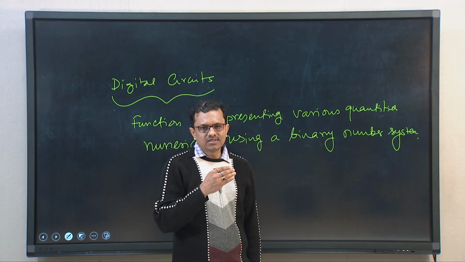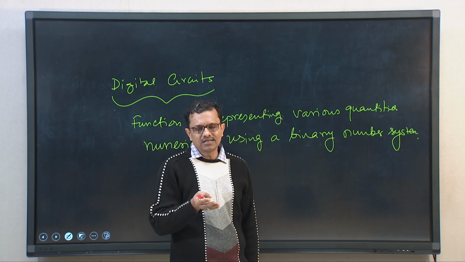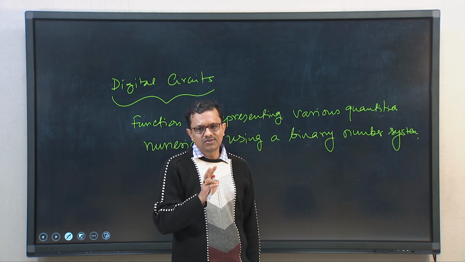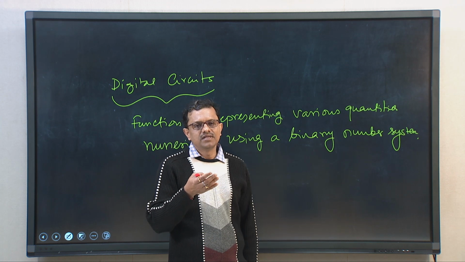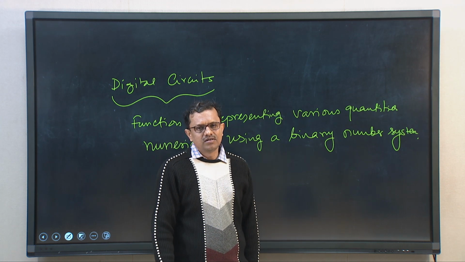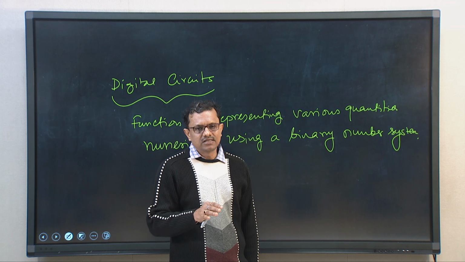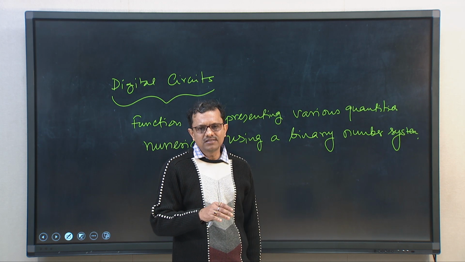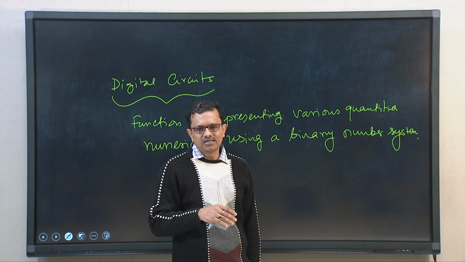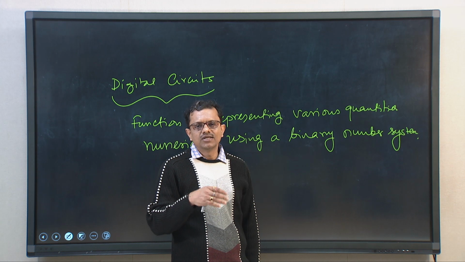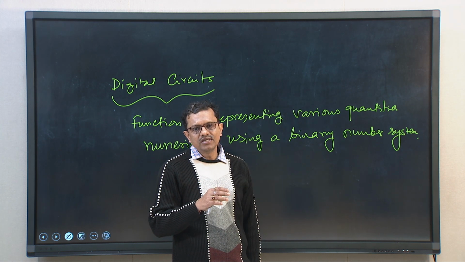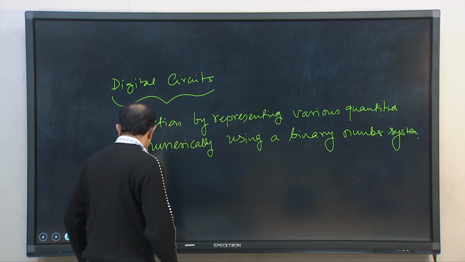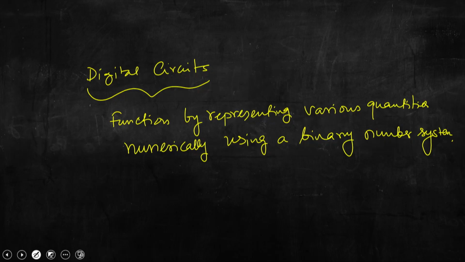Whenever we send some signal, maybe a current, whatever it is, any input quantity, the digital circuit will understand it and function by representing quantities numerically using the binary number system. Okay. So, we have to understand a bit about the binary number system.